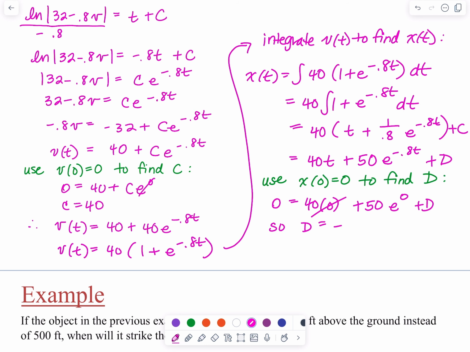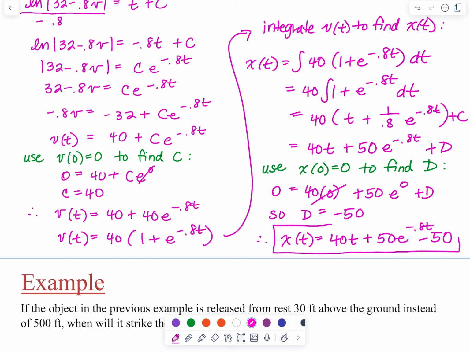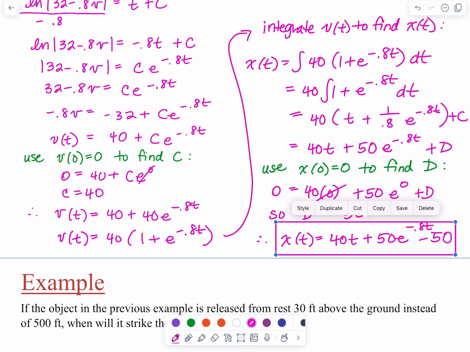So d is going to be equal to negative 50. Therefore, x of t is equal to 40t plus 50e to the negative 0.8t minus 50. And that will be in feet. So that would be the location in feet at any time t.